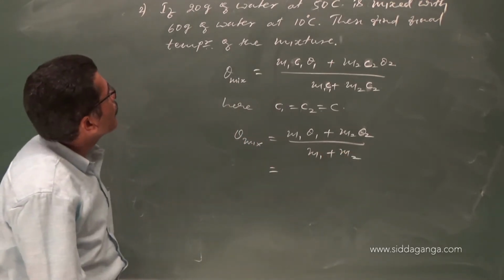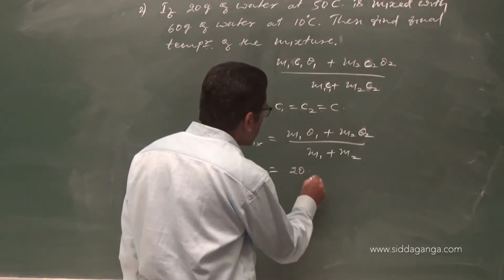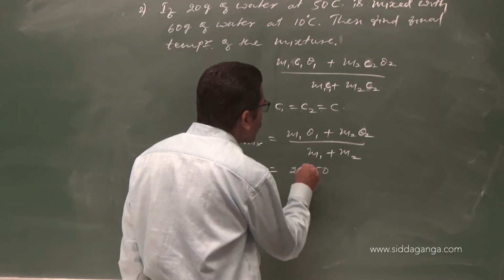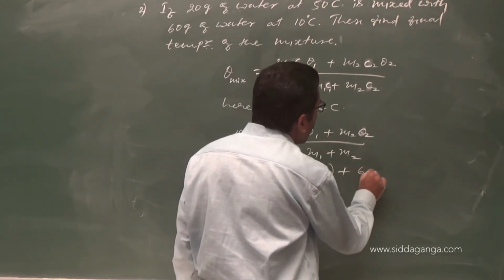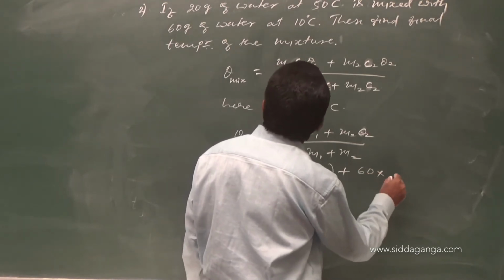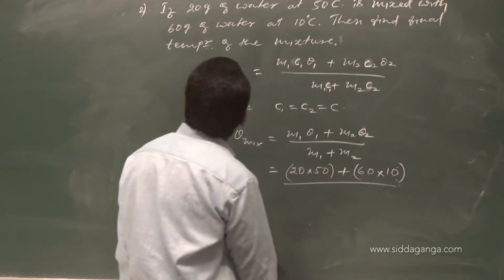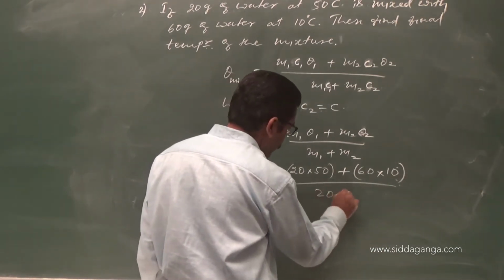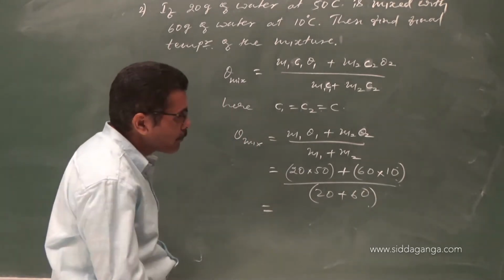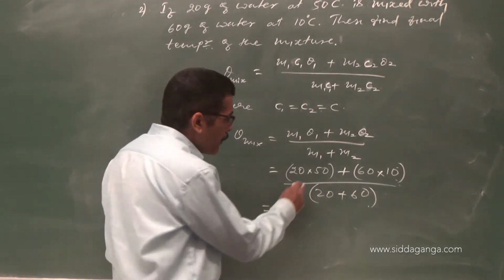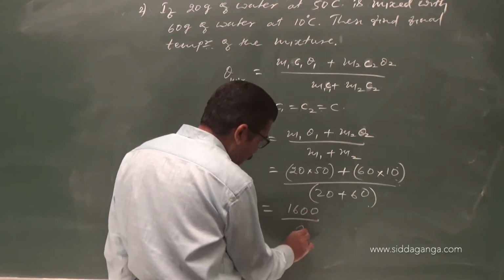Now put the values. One is 20 gram at a temperature 50 degrees Celsius, plus 60 gram at a temperature 10 degrees Celsius, divided by 20 plus 60. So this will be 1600 divided by 80.